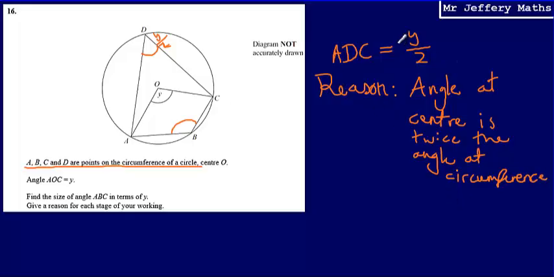So ADC is equal to Y over 2, and the reason is that the angle at the centre is twice the angle at the circumference. Now, secondly, we can now figure out what ABC is going to be.